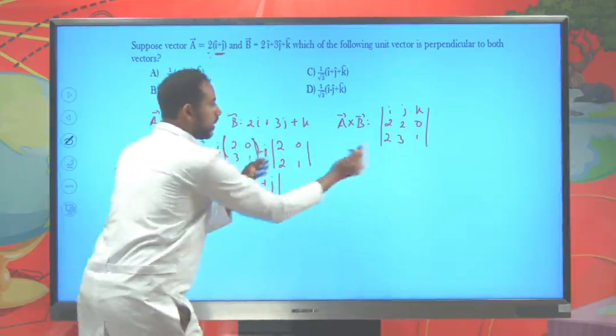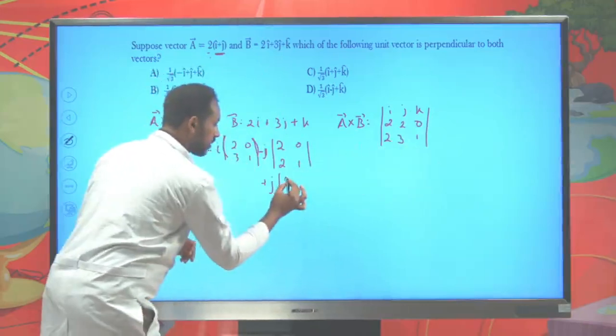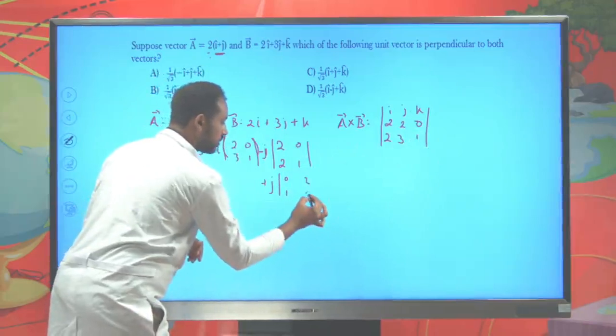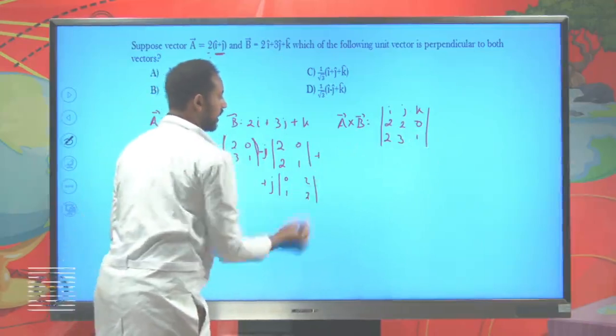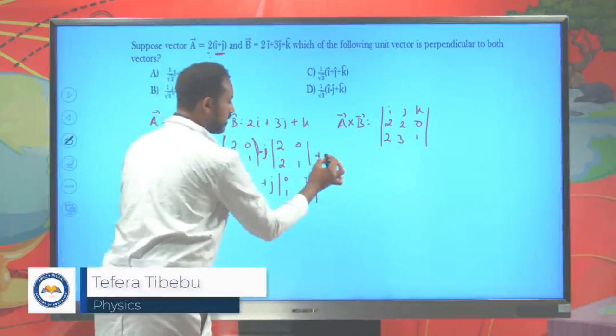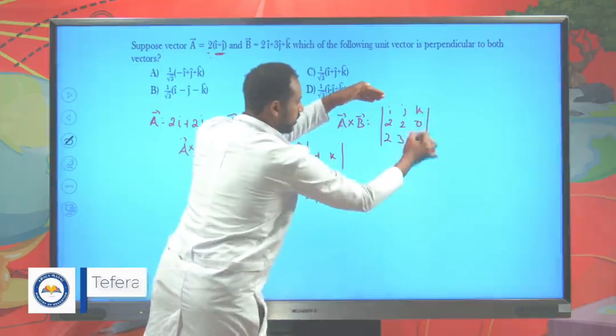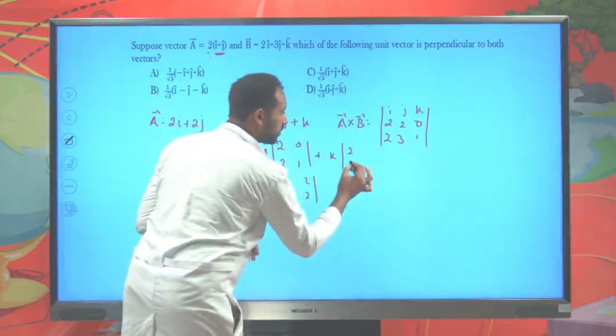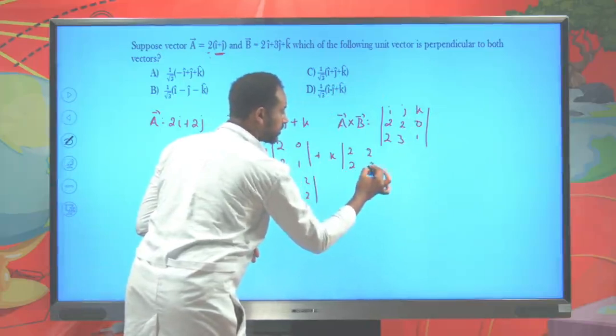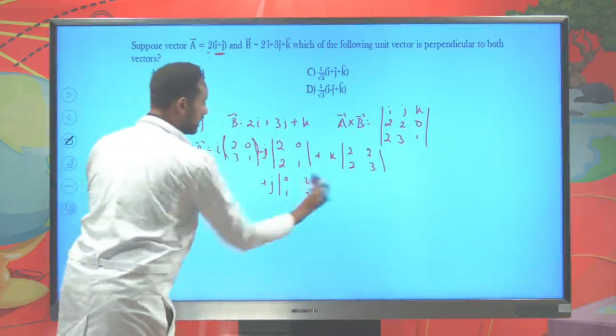If so, you have to put k first, 0, 1, and 2, 2. The usual technique is to use minus. And for the k component, you eliminate the row and column of k. You can find it to be 2, 2, and 2, 3. The rest remains the same.